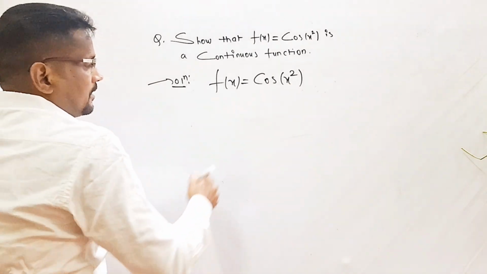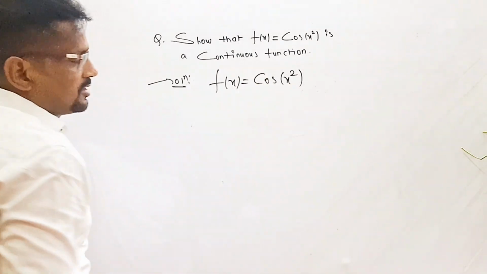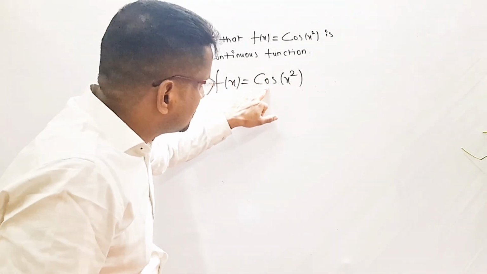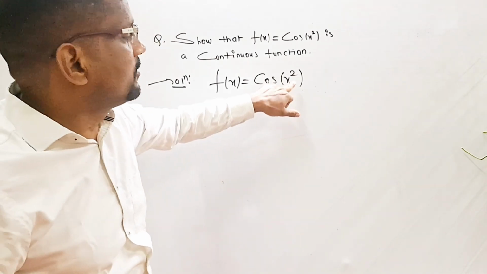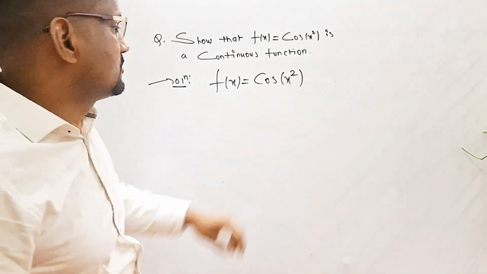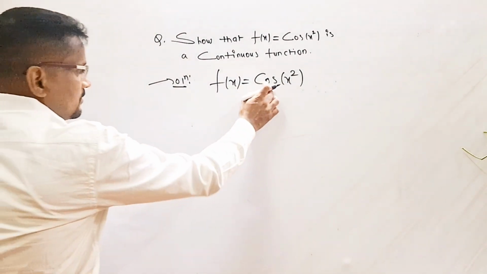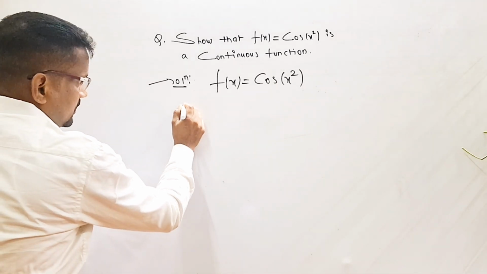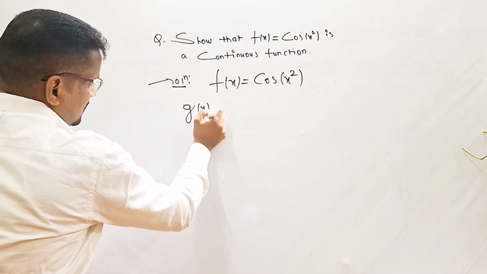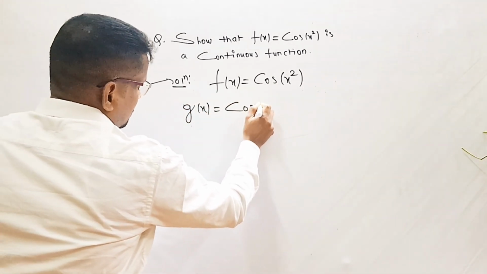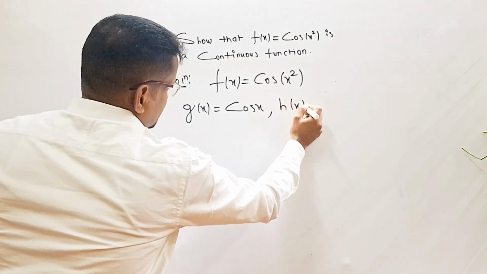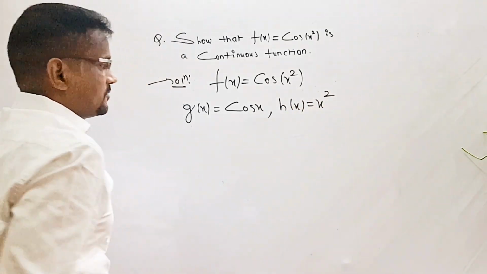Now do one thing. Here we are observing two functions. One is the cos function, another is the polynomial function, or you can say algebraic function also, x squared. Now let us give separate names. Say g(x) is cos x and h(x) is x squared.